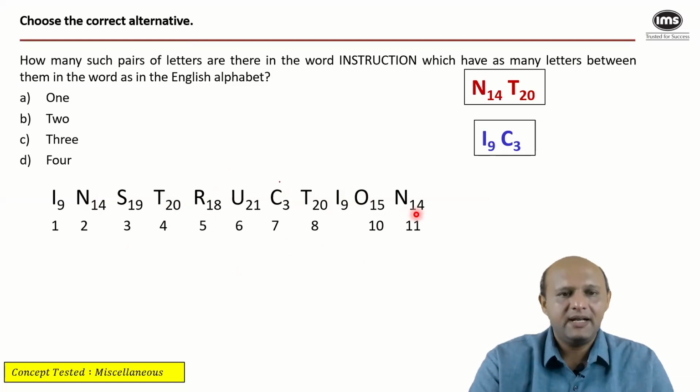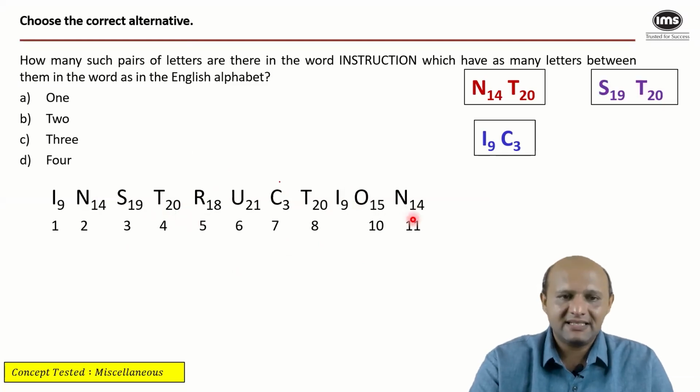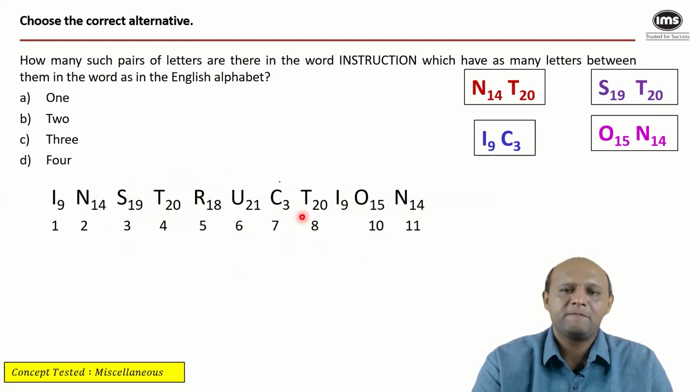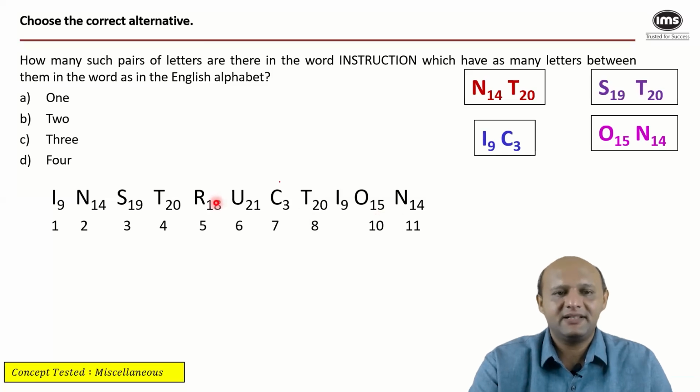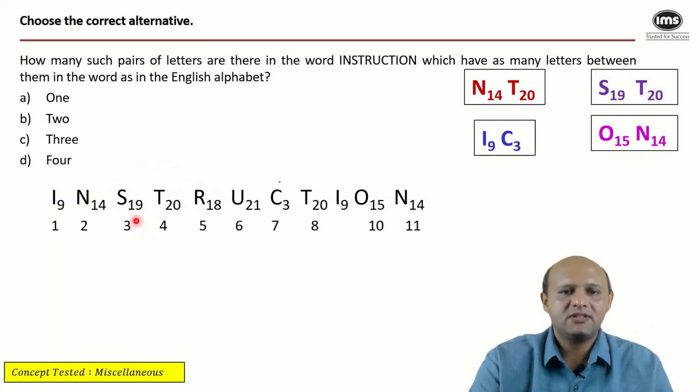Likewise, if you try to find the pairs with the other successive alphabets, you will realize that ST is another pair, and ON is another pair, where these are consecutive letters and have been placed accordingly.